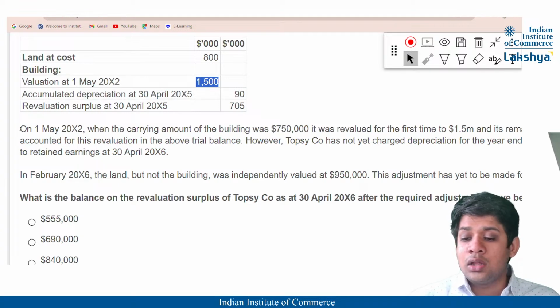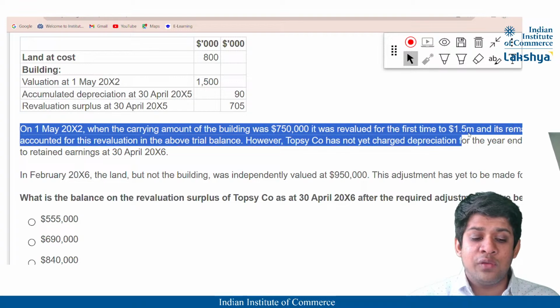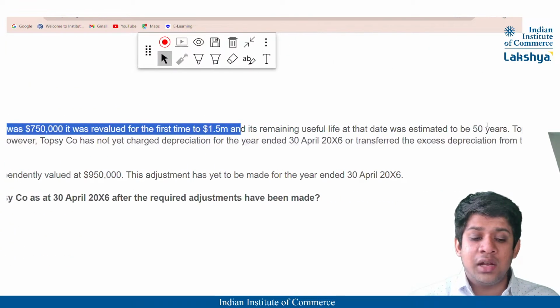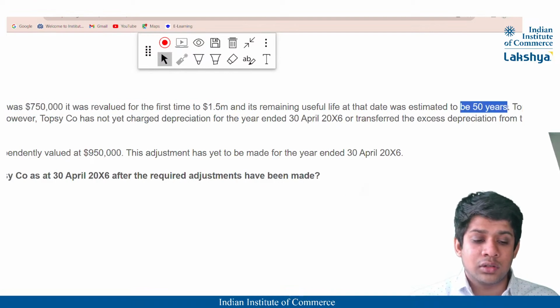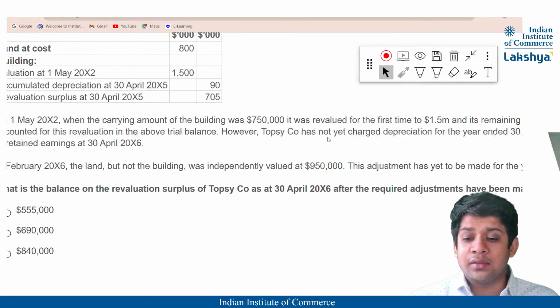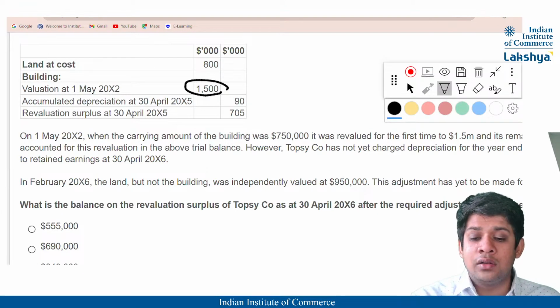Now what they are saying is that on 1st May 2012, when the carrying amount of the building was 750,000, it was revalued for the first time and its remaining useful life at that date was estimated to be 50 years, correct? So that means this value that they've given, 1500, is a revalued amount, correct?